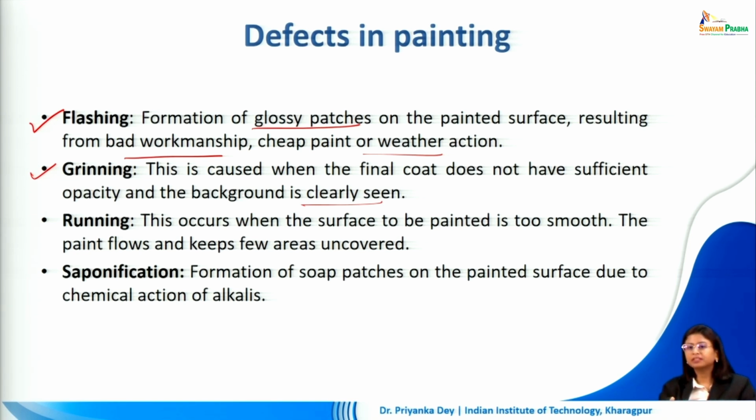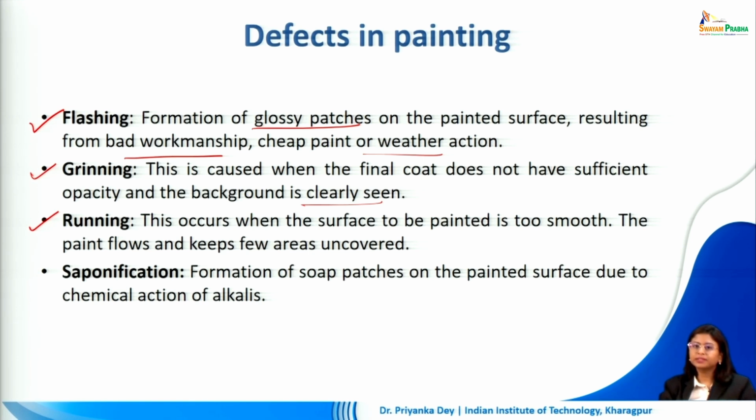It is possible that the pigment to non-volatile ratio was something that wasn't sufficient for this type of background finish. So, we might end up seeing some parts of the background. It's like washing down your paint with too much water when we are doing painting, and we can see the different pencil lines behind in the background, right? So, it's a similar situation where we can see the background even after the application of the final coat because it doesn't have enough opacity. So, this is called grinning.